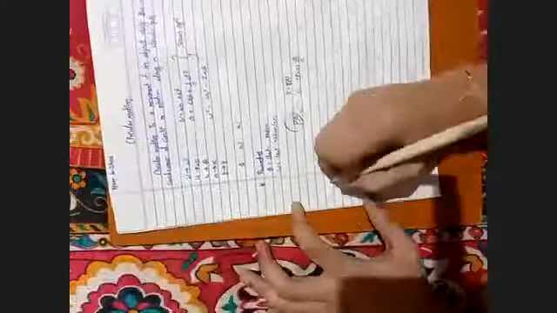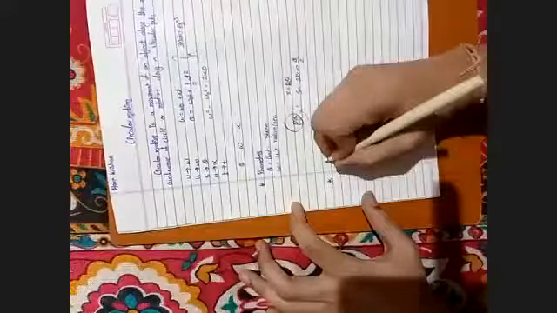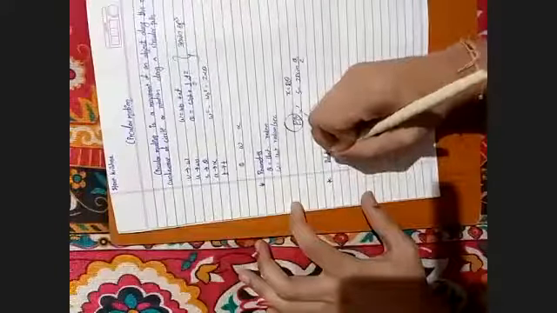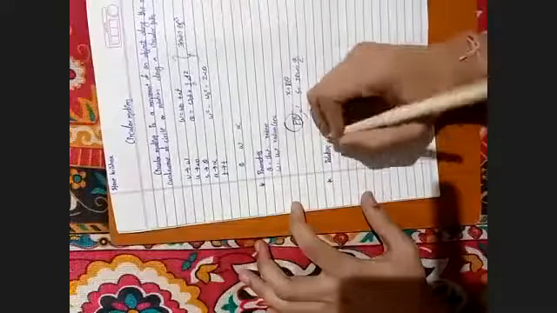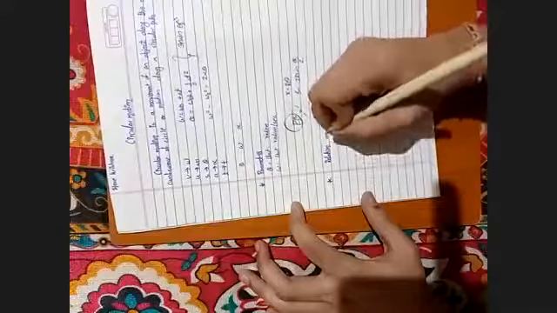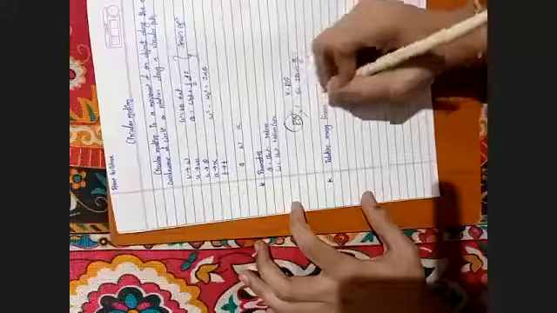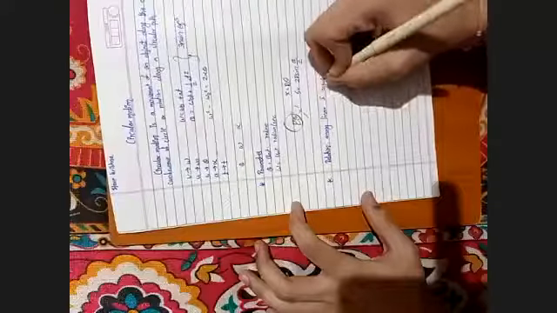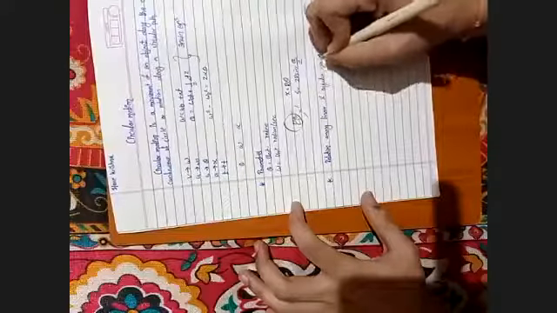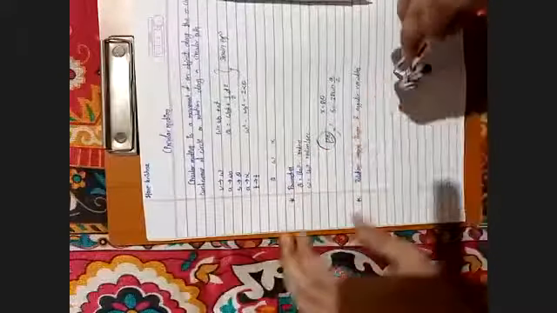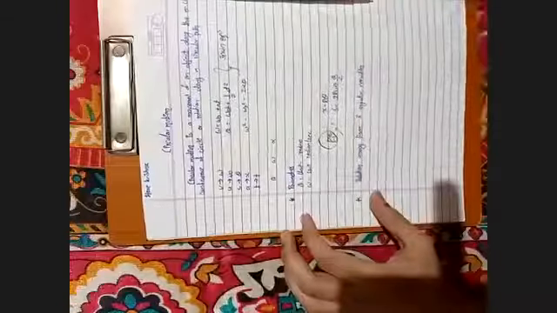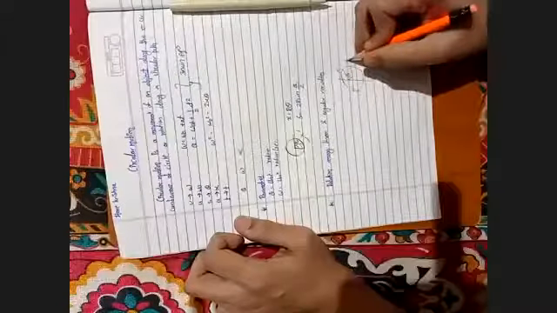In further discussion we'll be starting with the relation among linear and angular variables. A small figure for it, a circle here, and s.